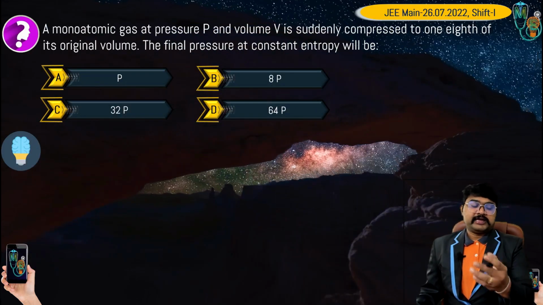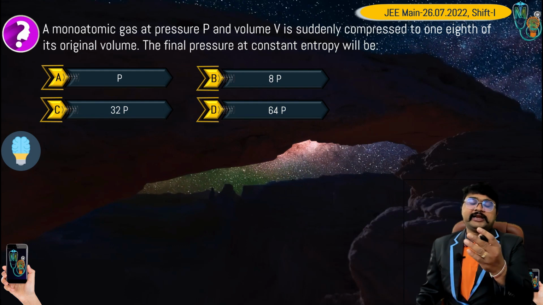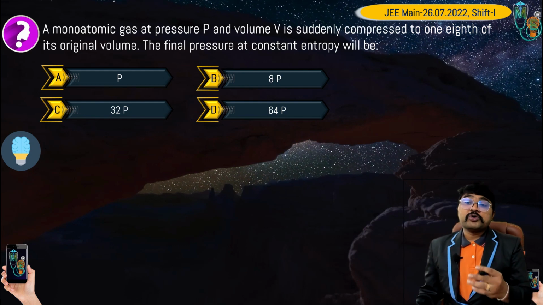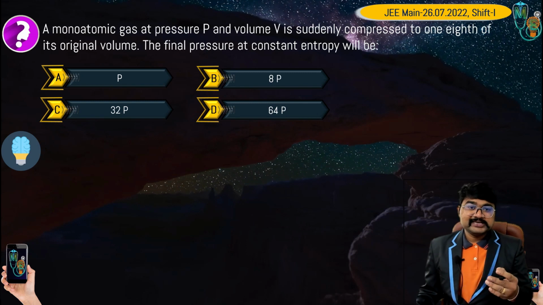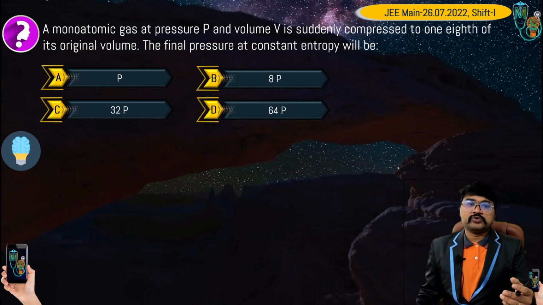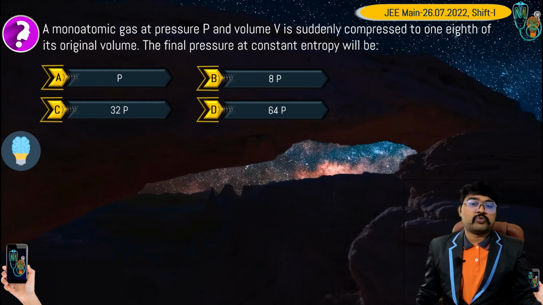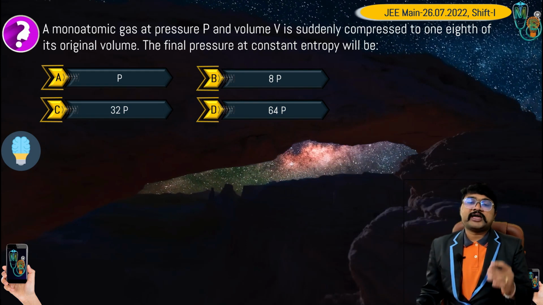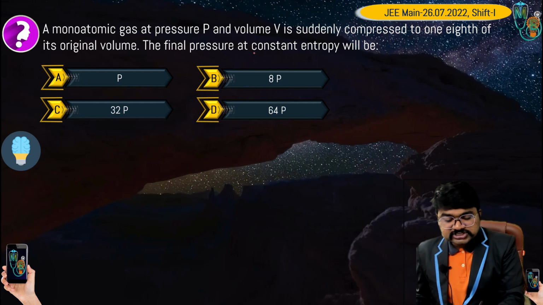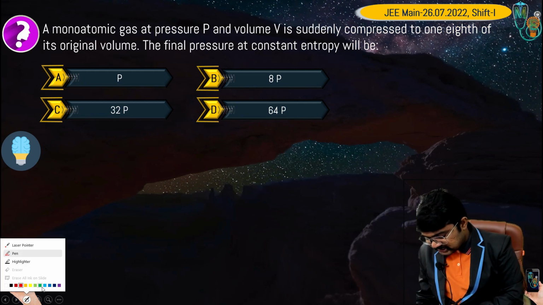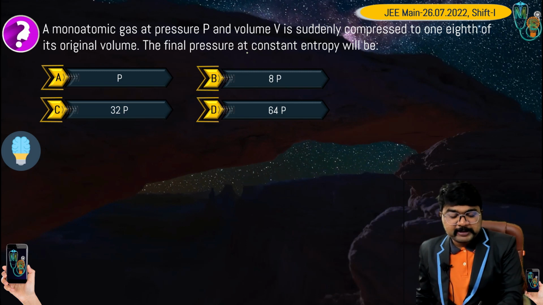Now we can have a look at the next question. Read the question carefully. A monoatomic gas at pressure P and volume V is suddenly compressed to 1/8 of its original volume. The final pressure at constant entropy. Constant entropy means it's an isentropic process.